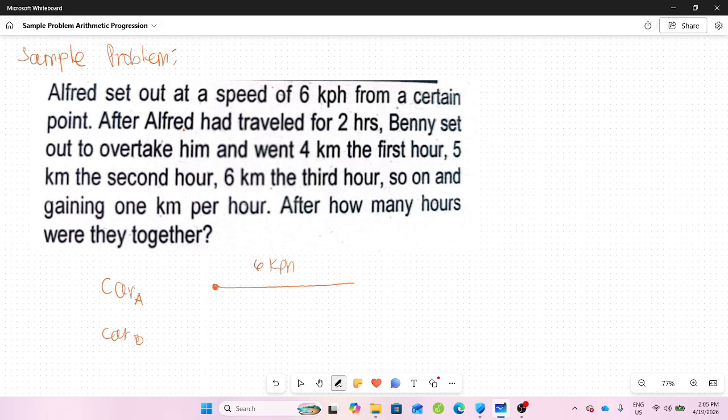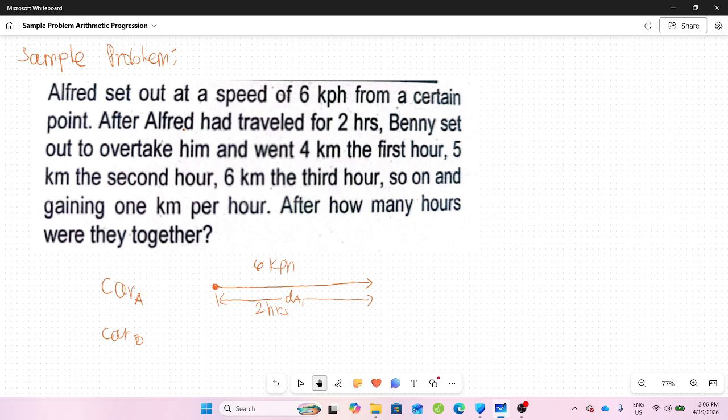After 2 hours, let's say this is the total distance that Alfred traveled, dA1.